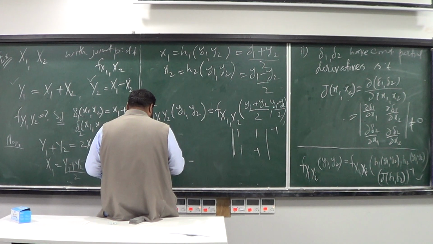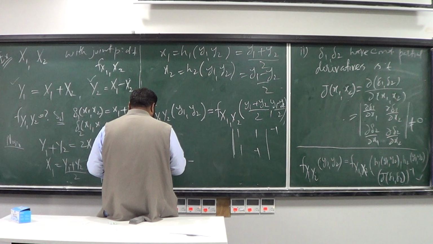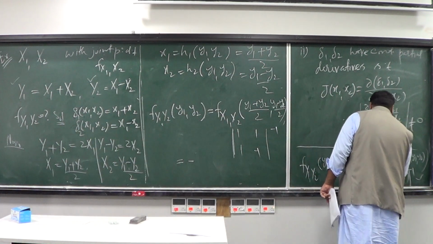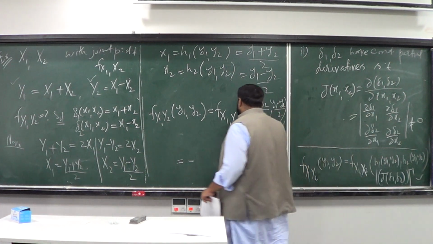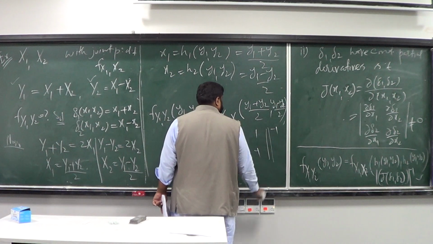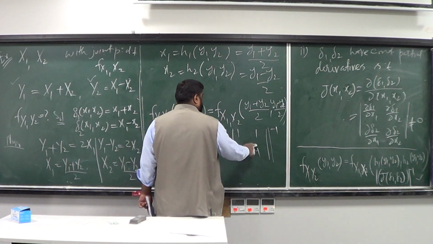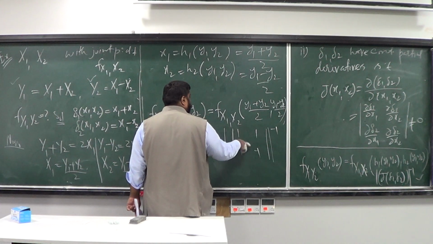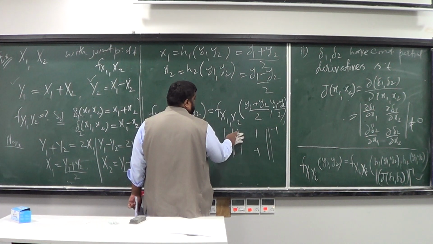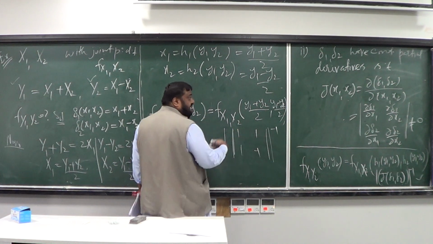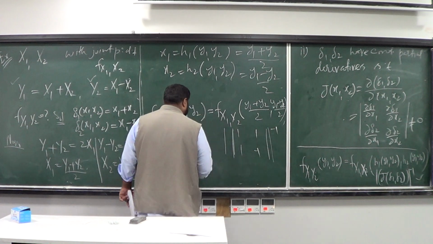So there is an absolute on the Jacobian as well. So we need to put an absolute here as well. So the determinant is going to be minus 2, and absolute of minus 2 is going to be equal to 2, and its reciprocal is going to be 1/2.